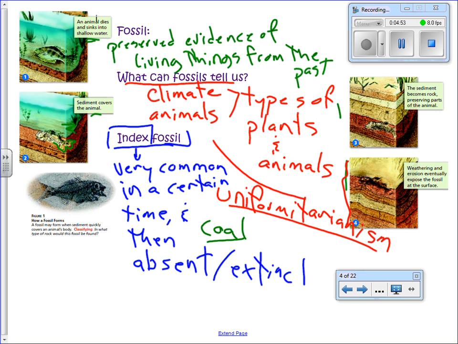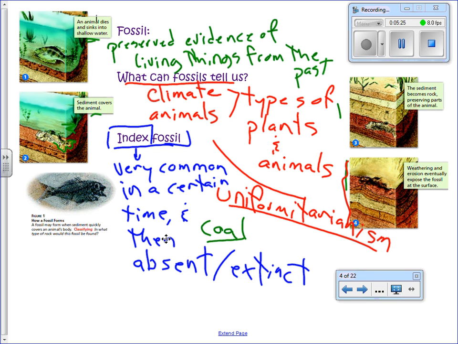And so with the index fossil, what you find is that if you find that certain fossil, you know what time period you're talking about. And the dinosaur fossils, to some extent, are like that because the huge dinosaur extinction that we believe was caused by an asteroid or meteor hitting the Earth and creating huge amounts of dust and cooling the atmosphere, cooling the weather.